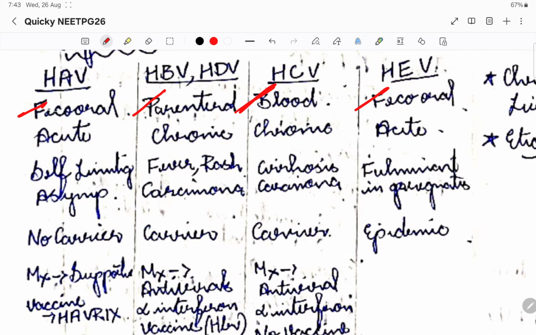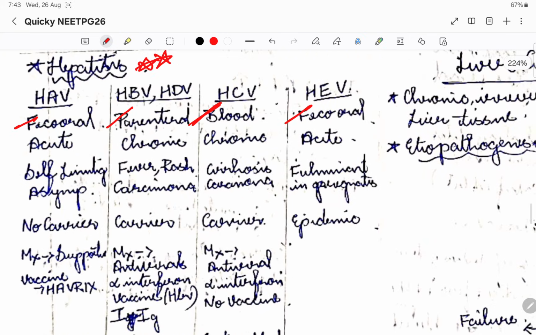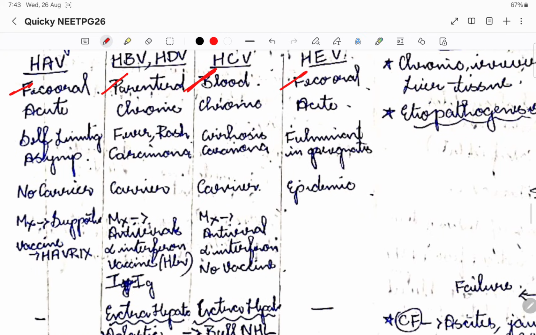Please try to match hepatitis A and E together, since both are almost similar.